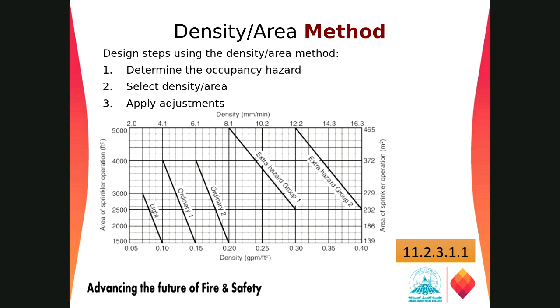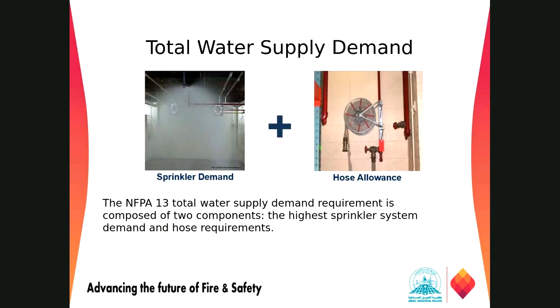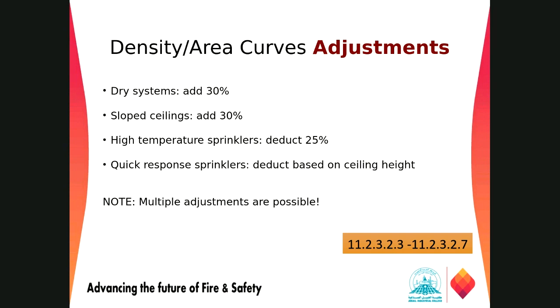But the problem arises with the dry pipe system, where we have to add the credit. We have to increase the areas. We must increase the area to protect our occupancies. Like for the slope ceilings and the dry sprinkler system, we must increase 30% to the design area from what we are coming from those density curve.